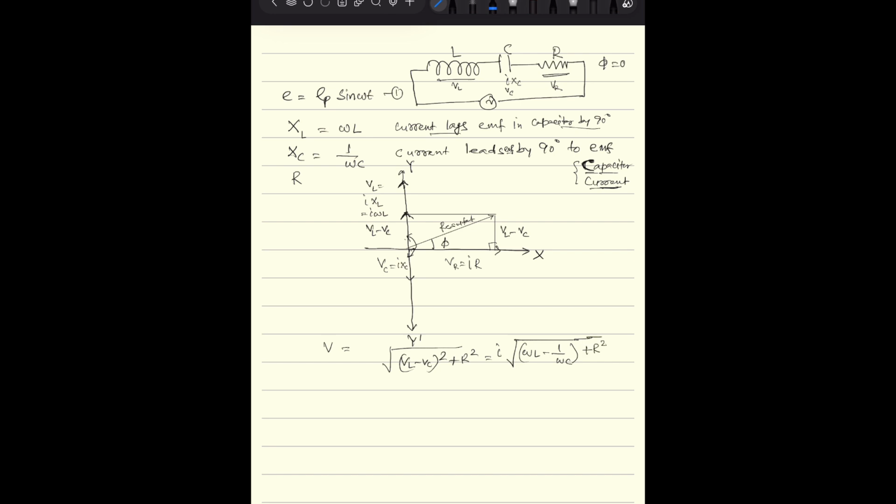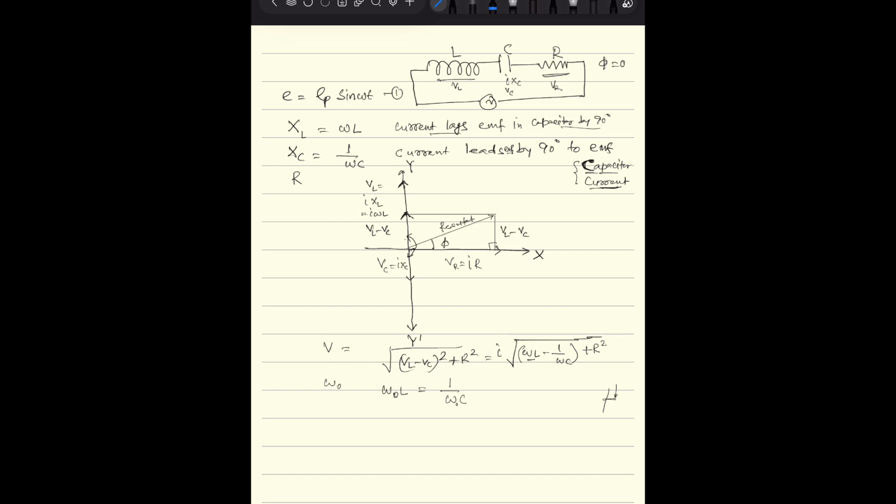When the frequency increases, one reactance is increasing and the other is decreasing, so somewhere they will meet. At this frequency, say omega 0, omega 0 into L, the resistance offered by the inductance, becomes equal to the reactance offered by the capacitor.